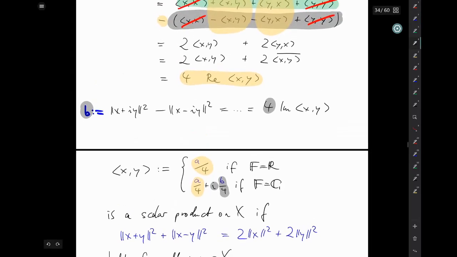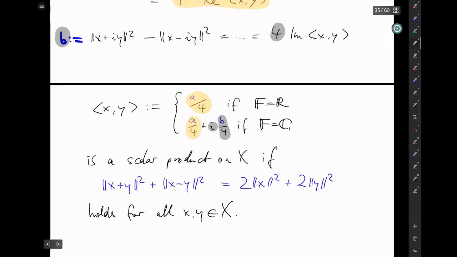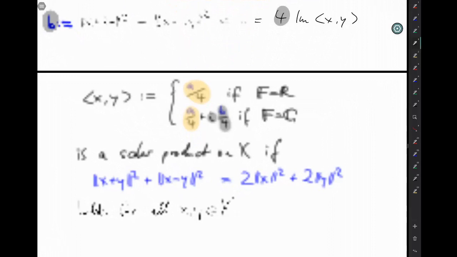So if you take the norm of x plus y squared and the norm of x minus y squared, and this time not subtract them like we did before, but rather add them, then the mixed terms cancel and we get 2 times the norm of x squared and 2 times the norm of y squared, and that's how you can check whether or not your norm allows for a scalar product.